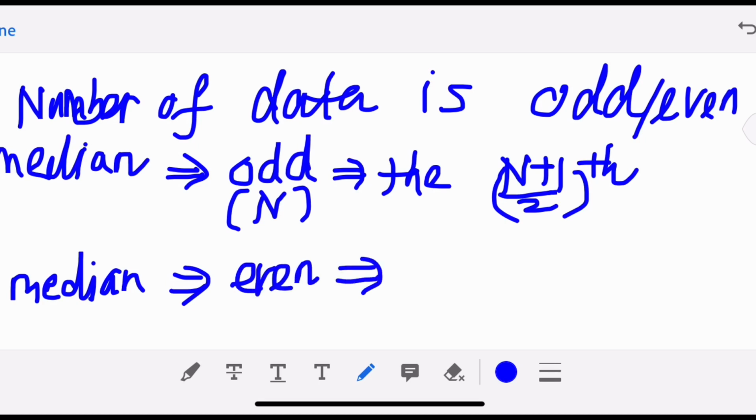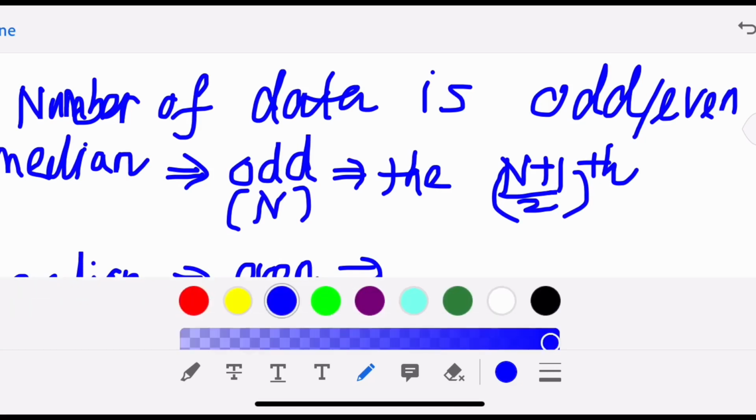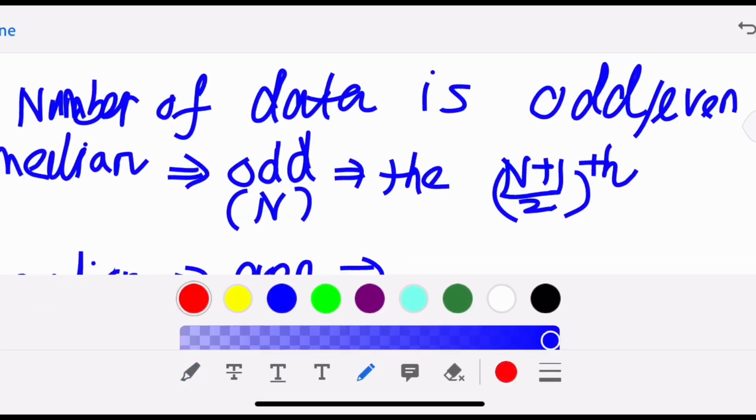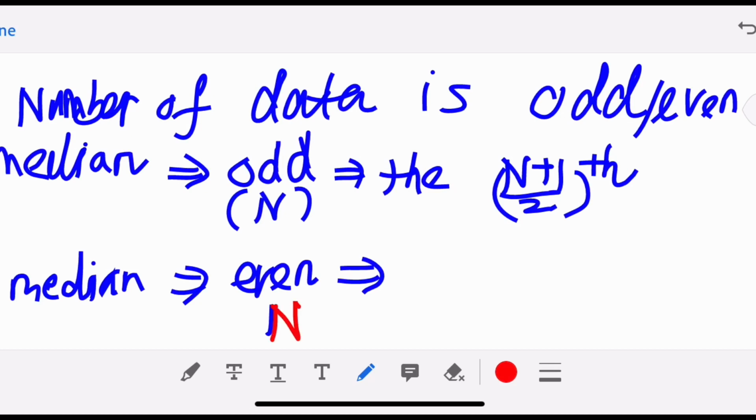If the number of data is even, like the example we have now with 10, we take the number of data and divide by 2. 10 divided by 2 gives 5, so we call it the fifth term.